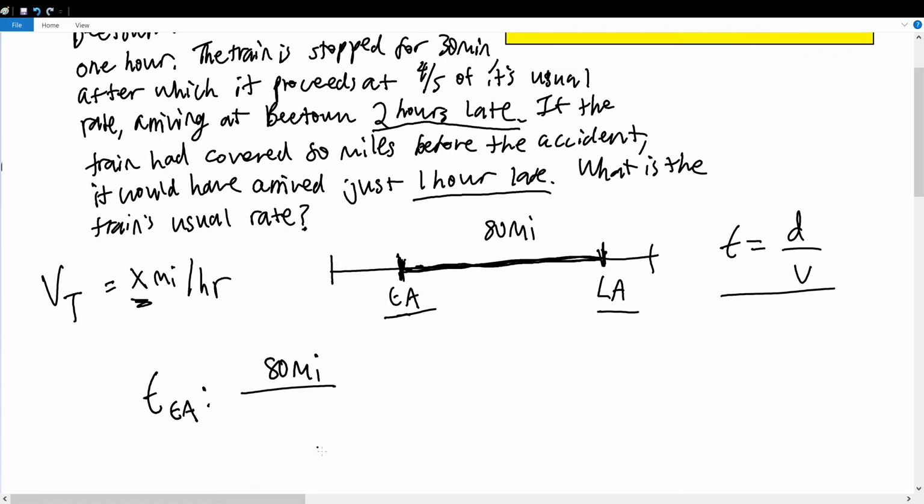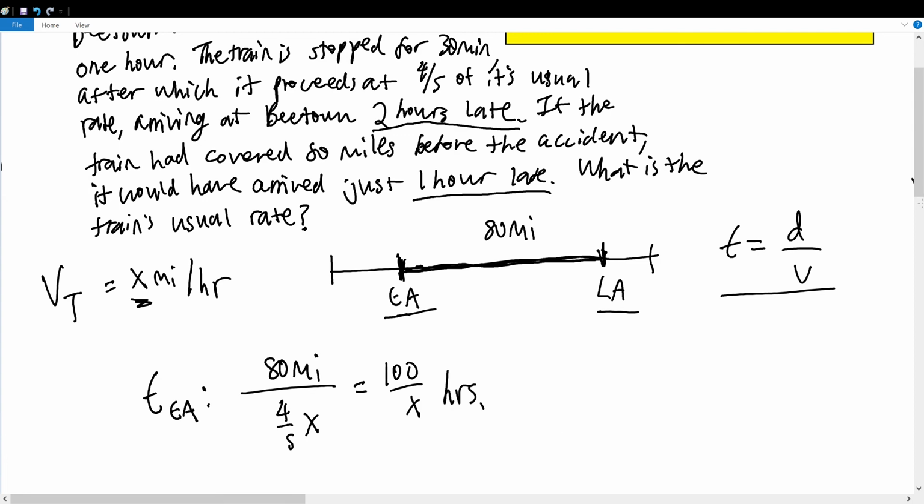And remember, after the accident happens, it will travel at 4/5 of its usual rate, so this is 4/5 of x. This is equal to, if you simplify it, 100 over x hours. So if the accident happens early on, it will travel 100 over x hours in order to get to B-Town and arrive 2 hours late.